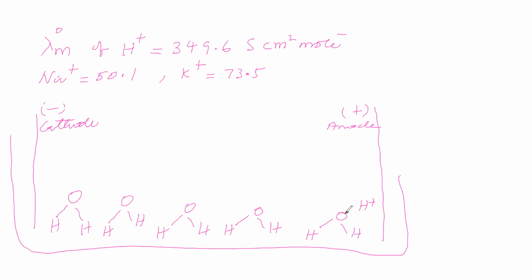Between this oxygen and H plus, what bond is possible? A dative bond is possible. Due to the dative bond, it becomes a hydronium ion. See, H plus is here, water is here. Between them a dative bond is possible, and due to the dative bond, hydronium ion is possible.